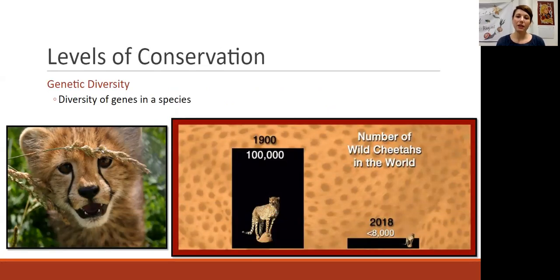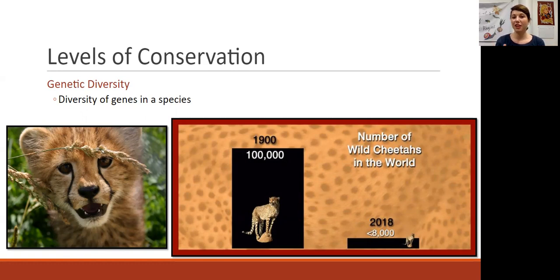When we talk about conservation as a whole, we can end up looking at biodiversity at a number of different levels. So the smallest level that you can look at biodiversity at is at a genetic diversity level. So this is how robust are the genes of a certain population.